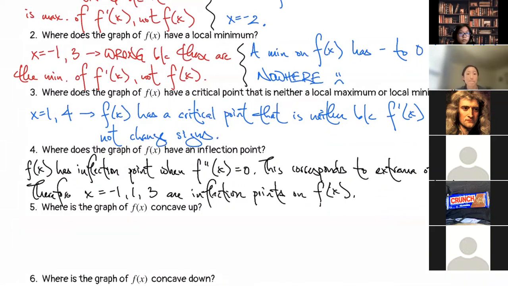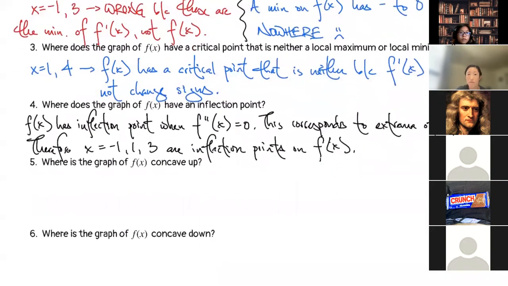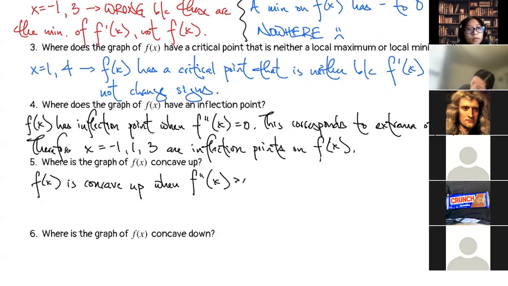Well, if we're looking for the extrema, and that tells us the inflection points, then here's what we know about concave up. F of x is concave up when f double prime of x is greater than 0.